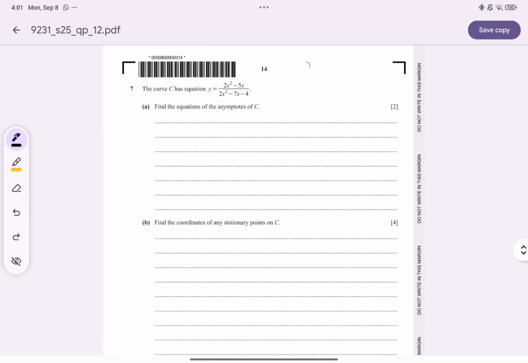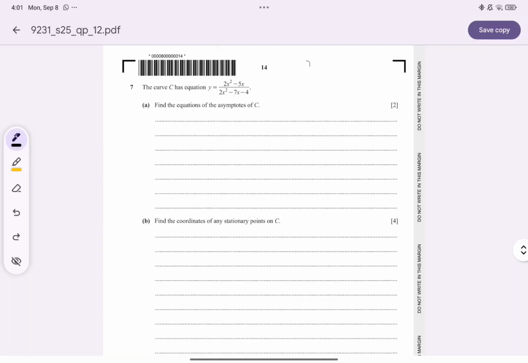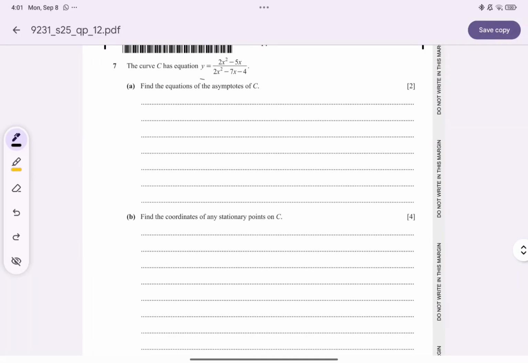Okay, now let's get on with the final question. The curve C has this equation. It's a rational function.